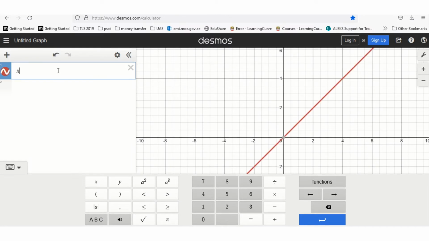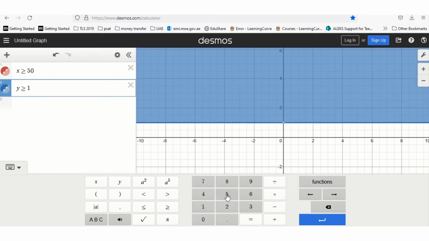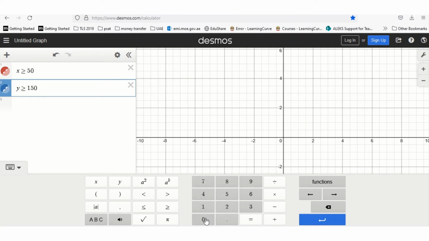The first inequality is x greater than or equal to 50. The second one is y greater than or equal to 150. So I hope you can see how the graph is changing.